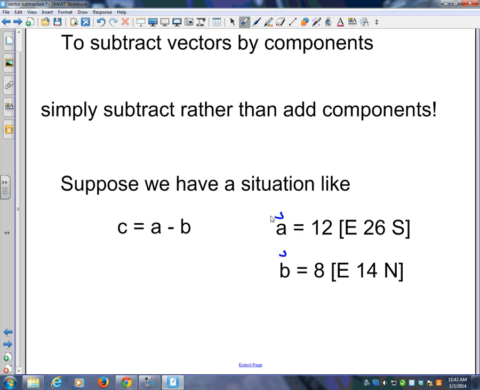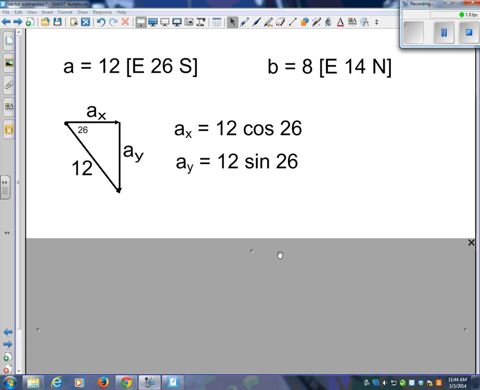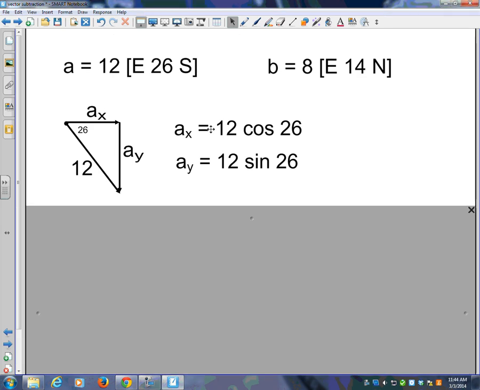So we've got A is 12 at east 26 south, B is 8 at east 14 north. Simply find the components once again, just like we did in vector addition.